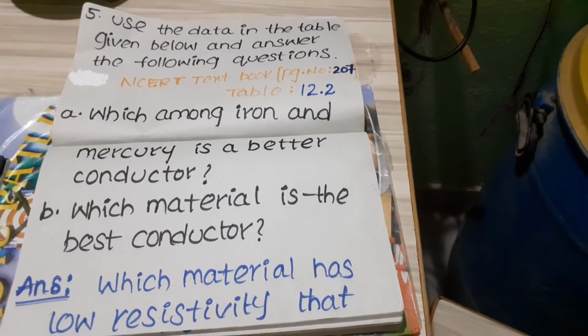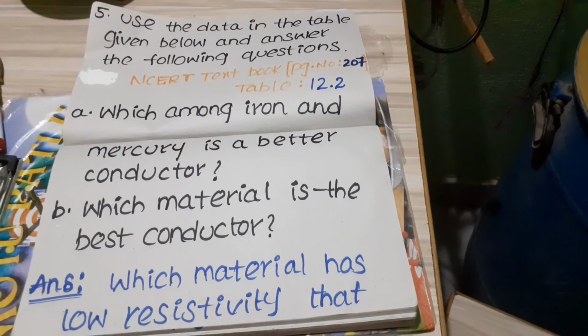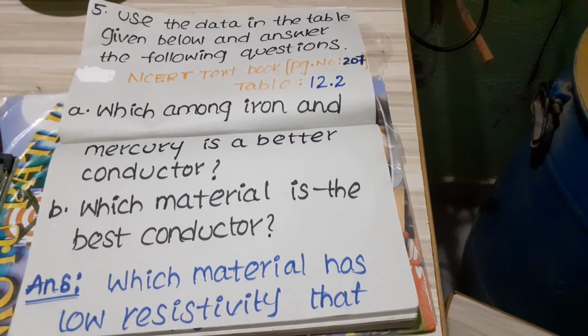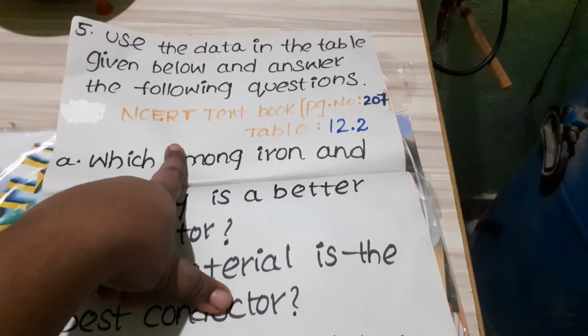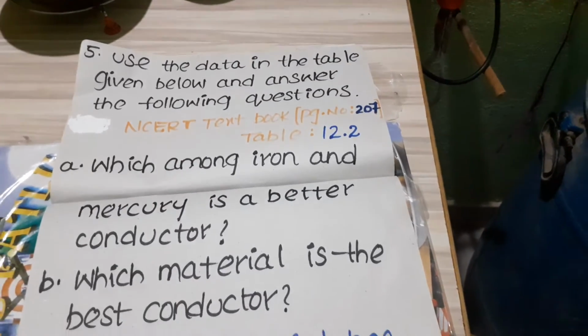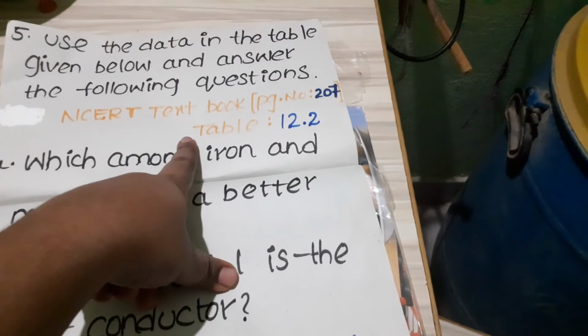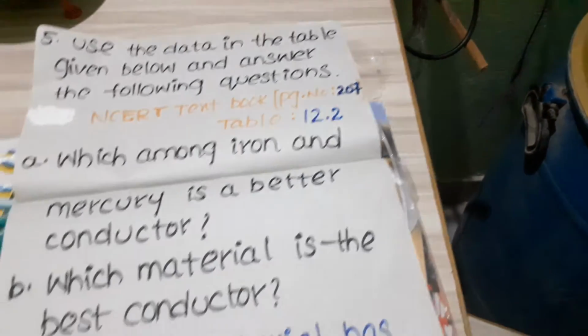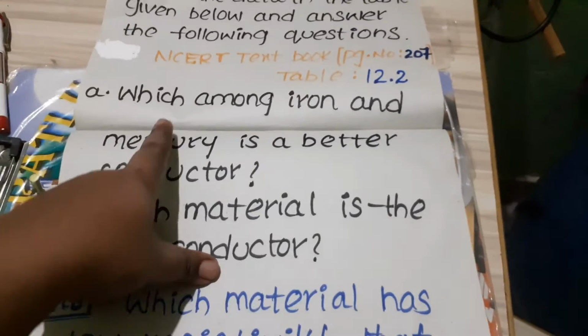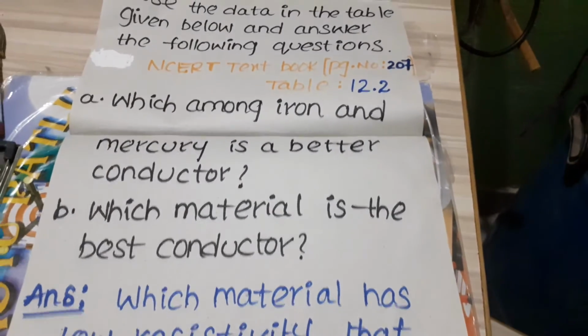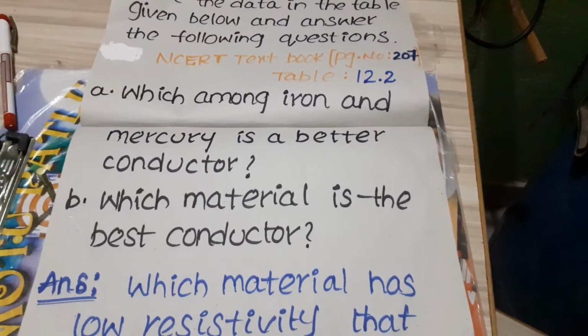Next, fifth question. Use the data in the table given below and answer the following questions. Students, please open the NCERT textbook, page number 207, where table 12.2 is given. From the table, which among iron and mercury is the better conductor?